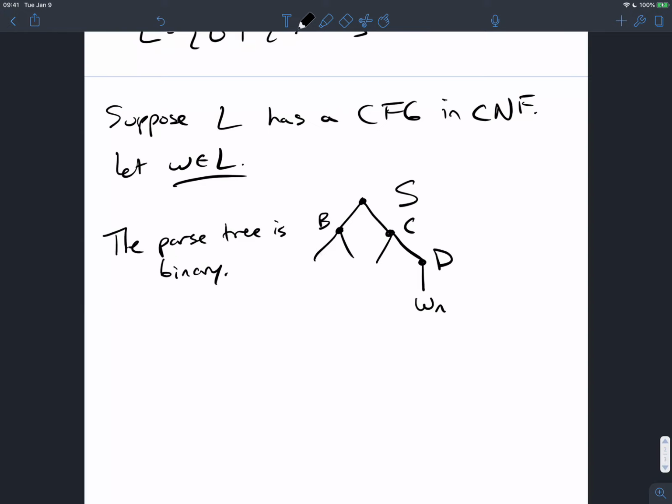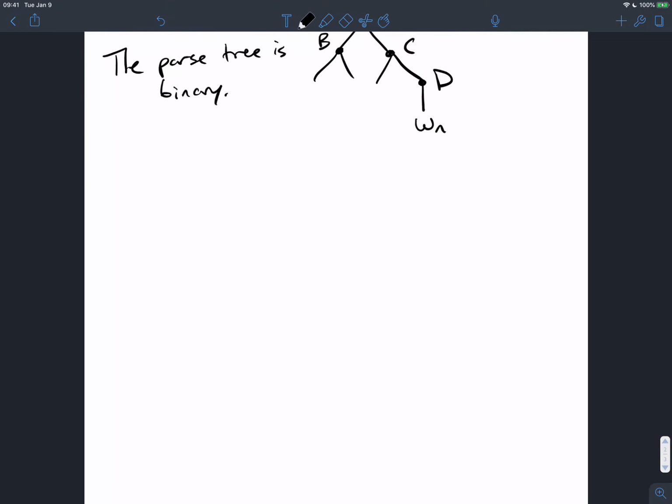Well, it depends on the derivation that we come up with. Maybe the leaves are not all at the same level. Maybe some of them are higher up, some of them are lower. We actually don't know because it depends on the derivation that we consider. But let's consider the case where they're all at the same level. It actually won't make a difference. So the start variable's up here. Now let's draw what I call an artist's conception of a parse tree.